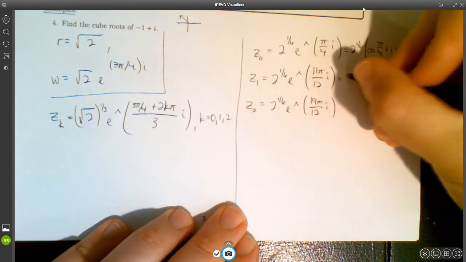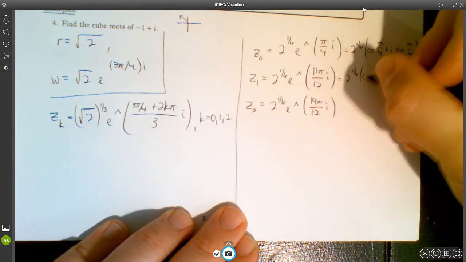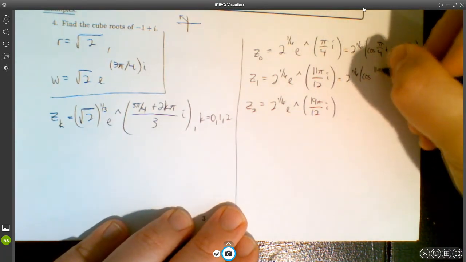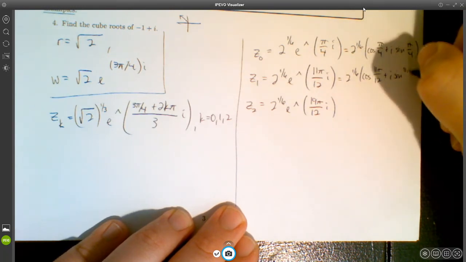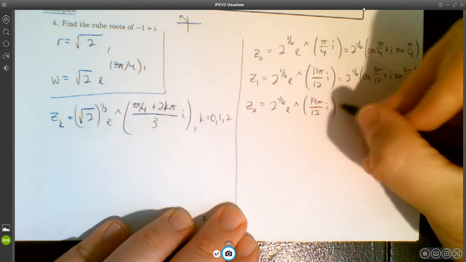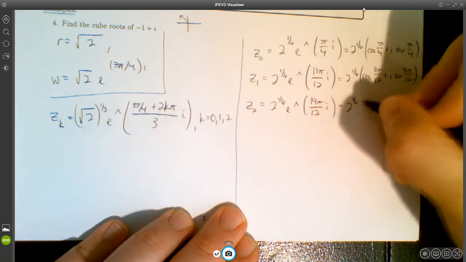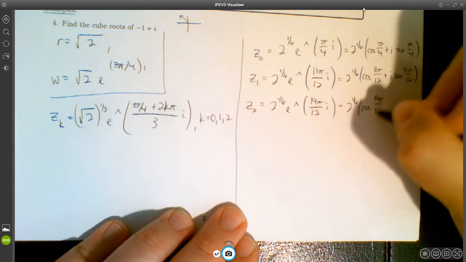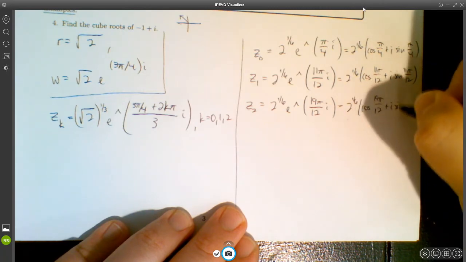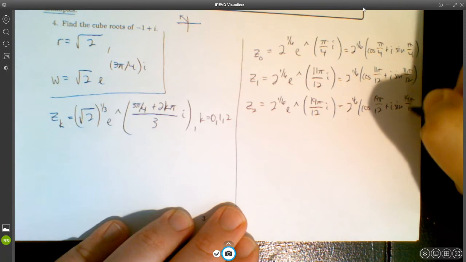And same thing with the rest of them. 2 to the 1/6 times cosine of 11 pi over 12 plus I times sine of 11 pi over 12. This would be 2 to the 1/6 times cosine of 19 pi over 12 plus I times sine of 19 pi over 12.